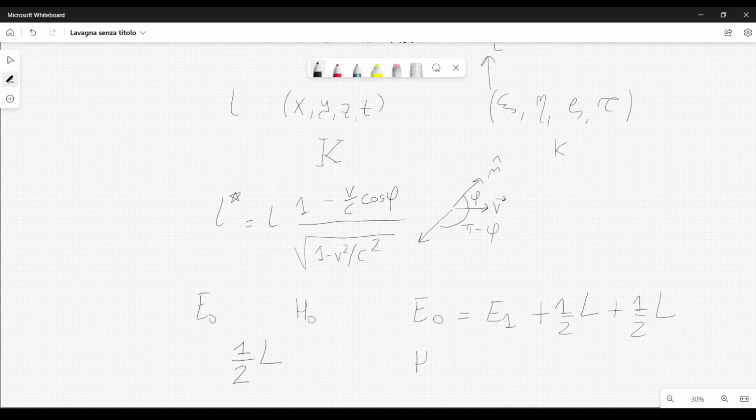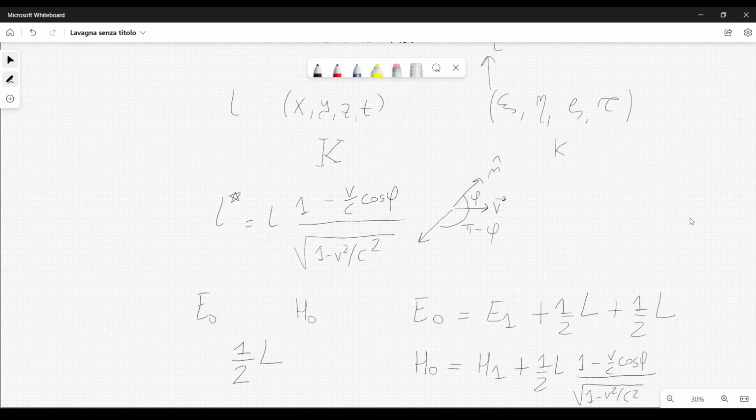According to the moving system, the energy will be H0. Here we will have H1, so H0 will be equal to H1 plus 1/2 L times 1 minus V over C cosine phi divided by the square root of 1 minus V squared over C squared.